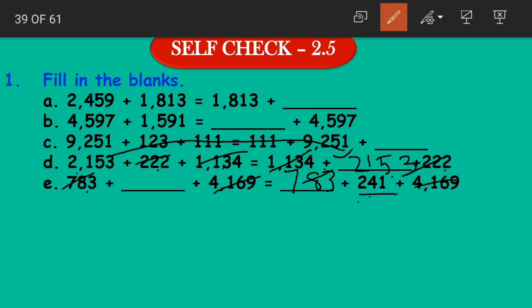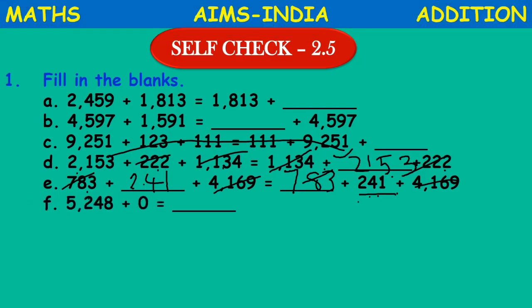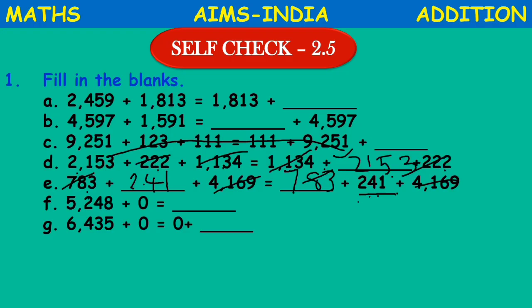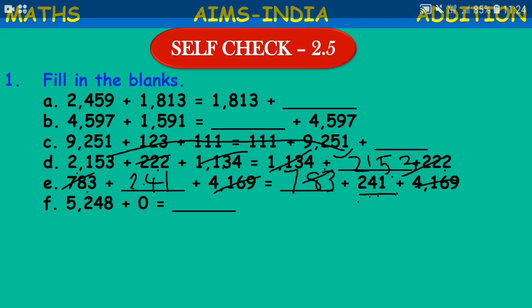Now 241 is present on the right side but not on the left side, so we'll write 241 here. So 241 is also present on both sides. Understood, children? What did we do? We looked for the number which was missing on one of the sides and then filled it up.